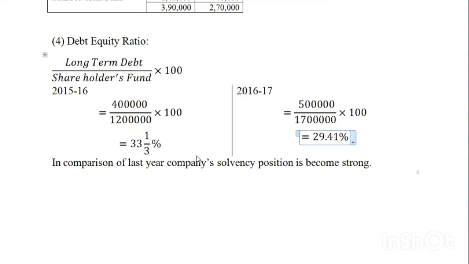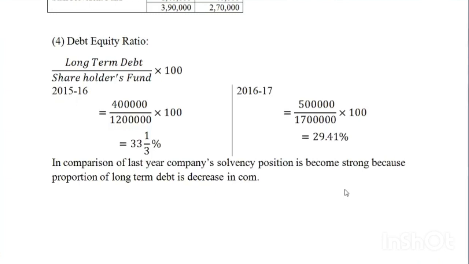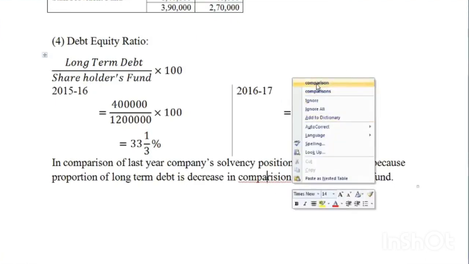So in comparison to last year, the company's solvency position has become strong because the proportion of long term debt is decreased in comparison of shareholders fund, owners fund, proprietors fund, whatever name you call. Okay, so this is your comment.